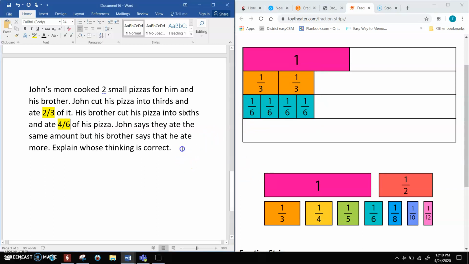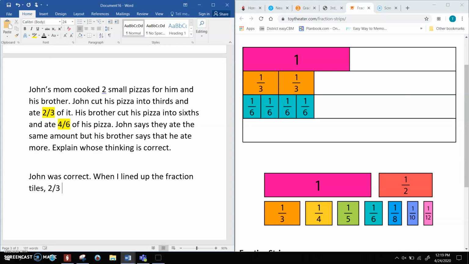So they are equal. So let me see. John says they ate the same amount. So I'm going to say John was correct. When I lined up the fraction tiles, I'm going to say that 2/3 was equal to 4/6.